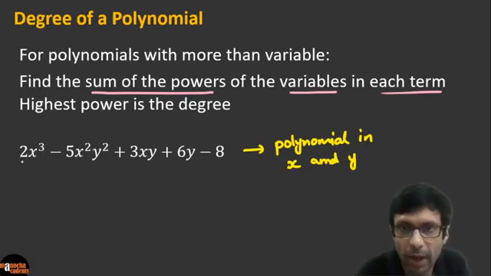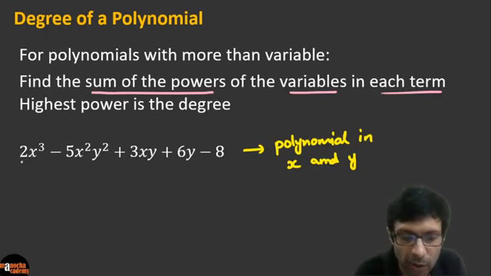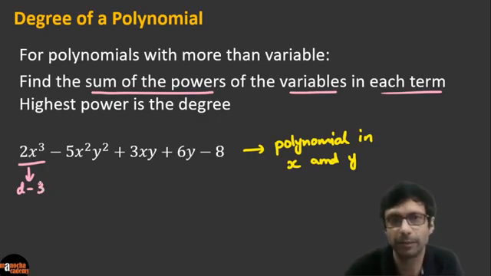So 2x cubed, right? So we need to find the sum of the powers of variables in each term. So here there's only the variable x, right? So we can write what is the degree of this term, right? So we can say the degree here is 3, right? Okay, because it's x to the power 3.